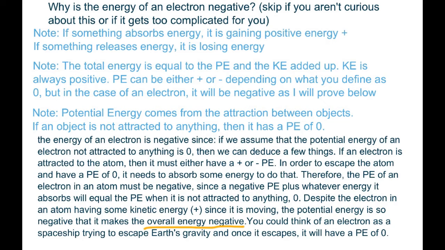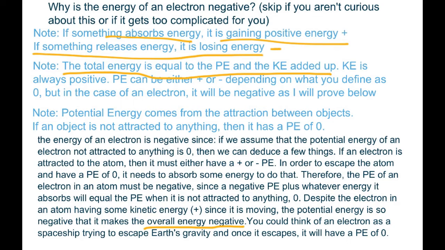If something absorbs energy, it is gaining positive energy, and if something releases energy, it is losing energy, which indicates a negative sign. I've talked about this already. Let's look at our second note. The total energy is equal to the potential energy and the kinetic energy added up. So what is potential energy? Well, potential energy comes from the attraction between objects.